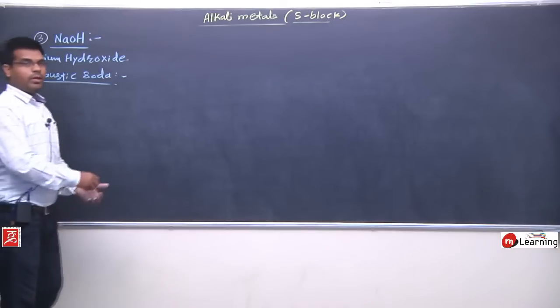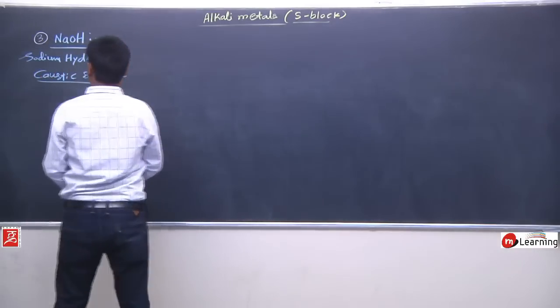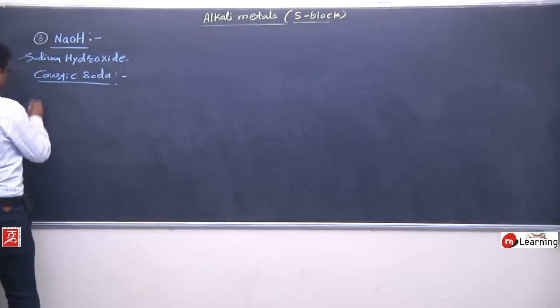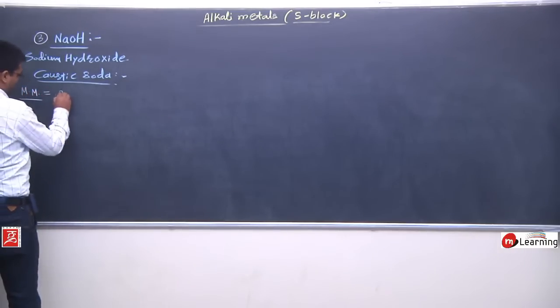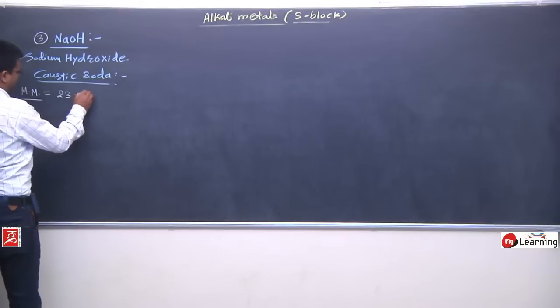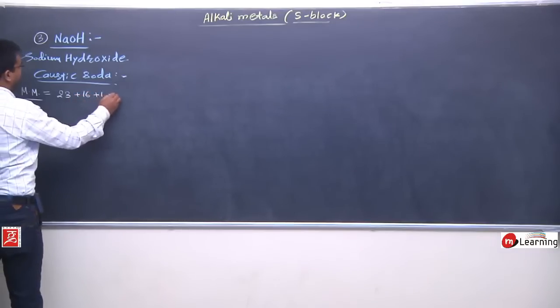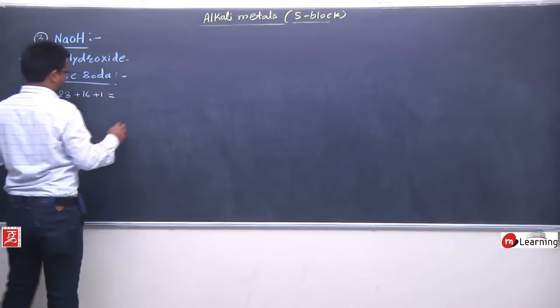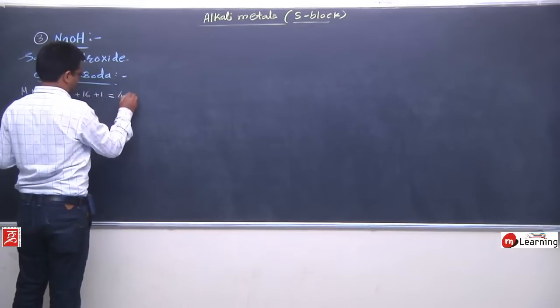The molecular mass of sodium hydroxide is 23 plus 16 plus 1, total 40.